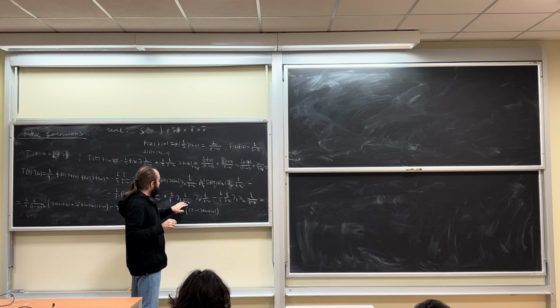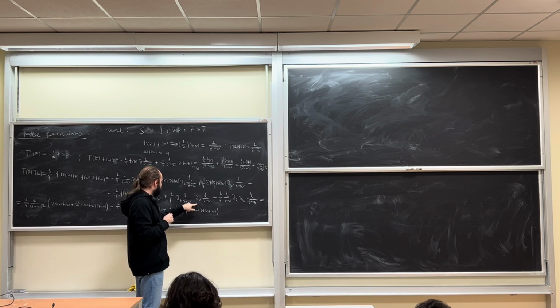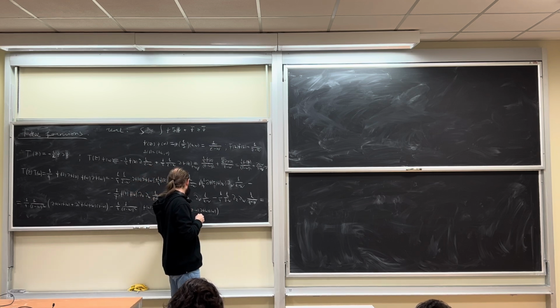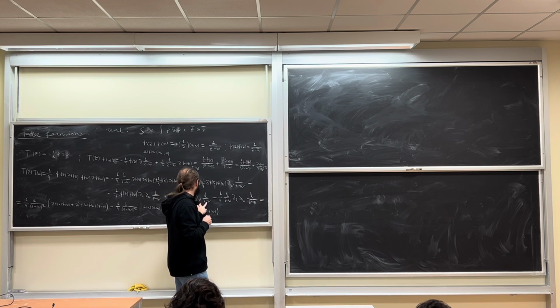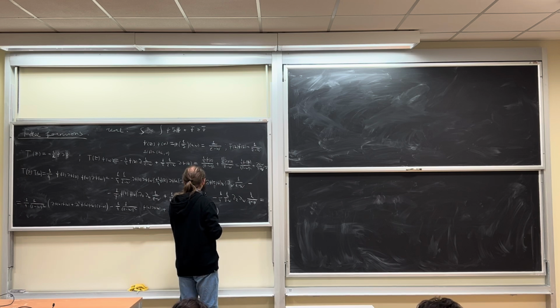So this gives 1 over z minus w squared with minus sign. This was with plus sign.